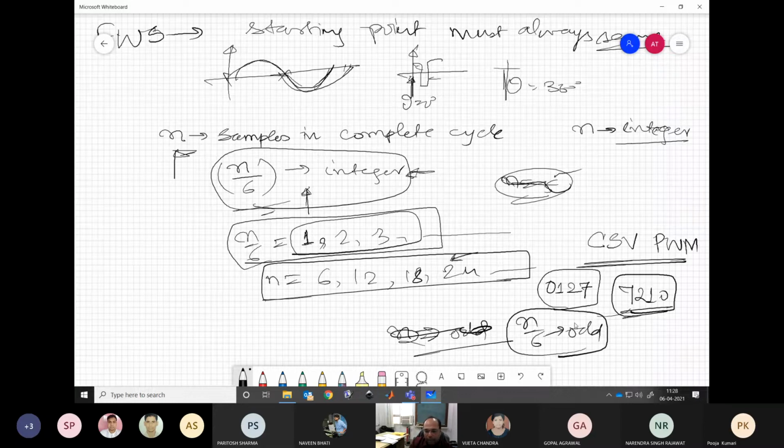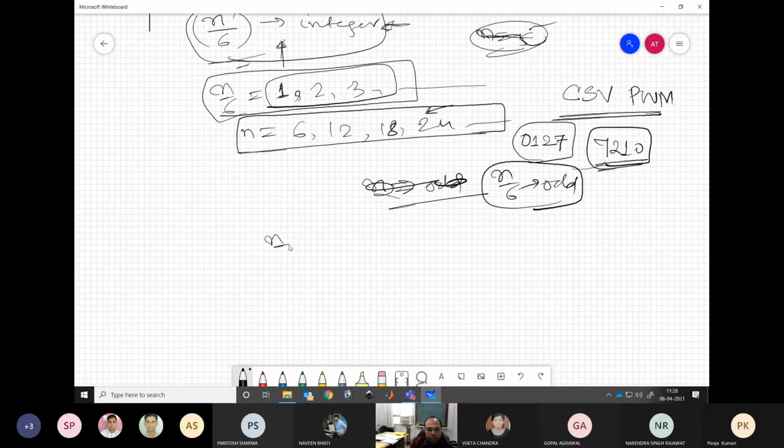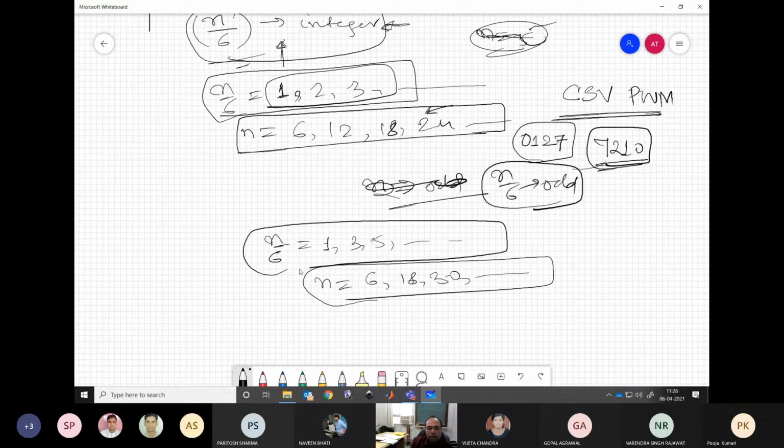So that is where N by 6 becomes 1, 3, 5 and so on. So that is why for conventional space vector, we have these samples in the complete hexagon, only for the conventional space vector PWM.